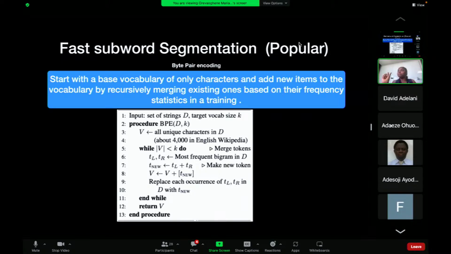Bigrams are two tokens that occur adjacent and consecutive. You take all the bigrams in your text and look at the most frequent bigram in the first iteration, and then you add that bigram into your vocabulary, and you keep doing this until you reach a set vocabulary size.